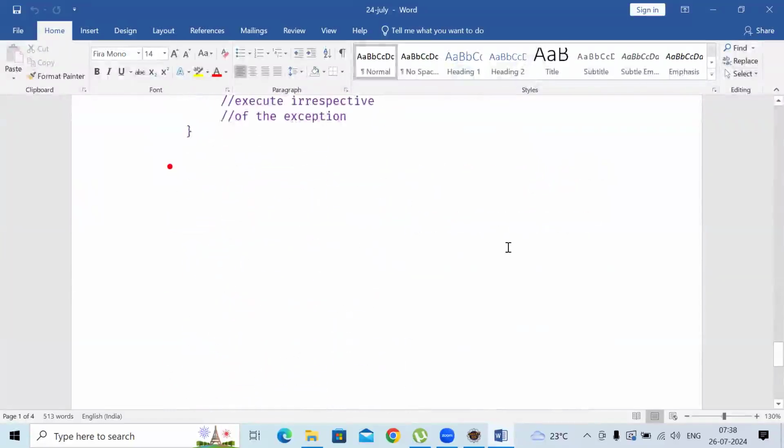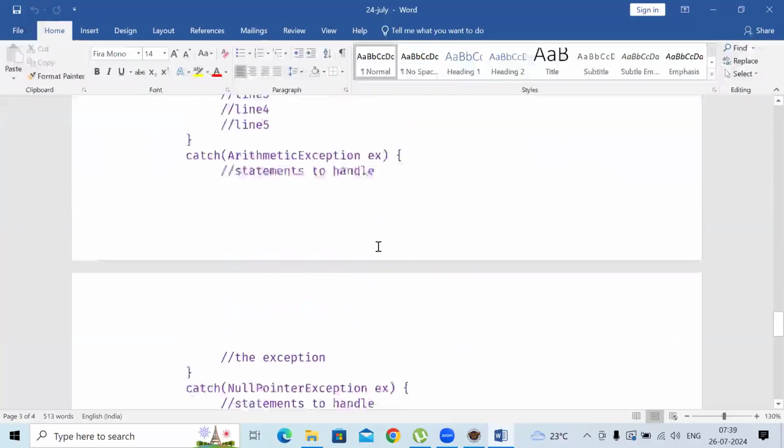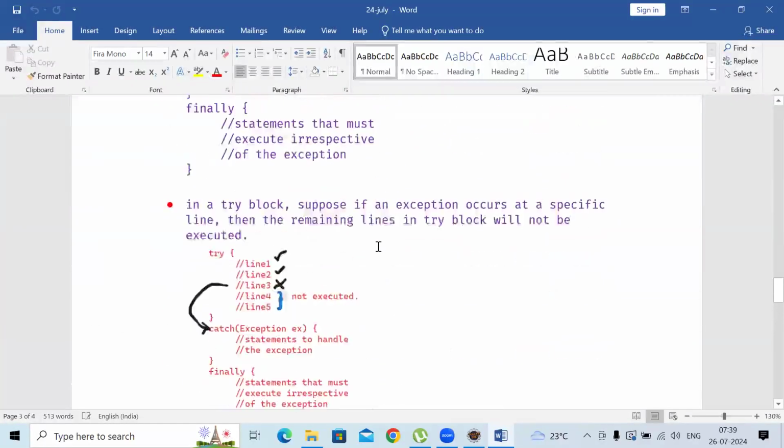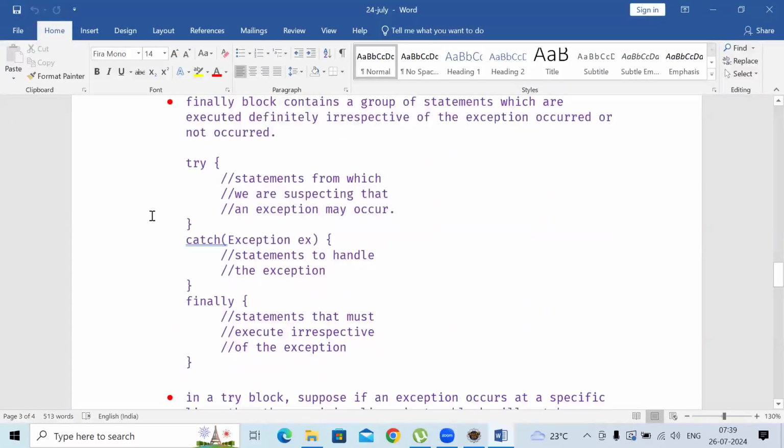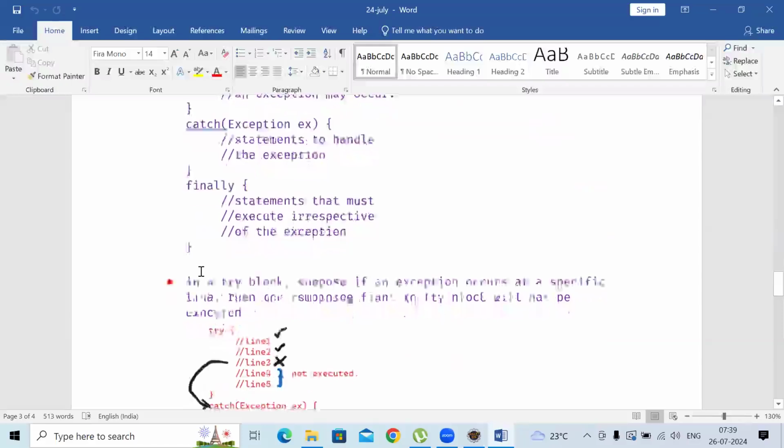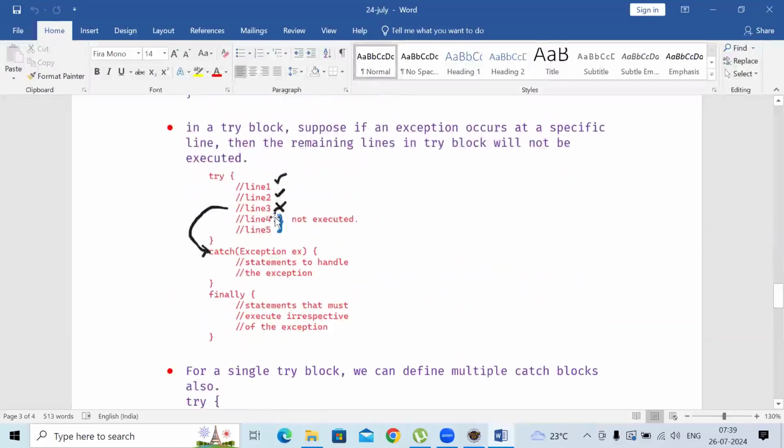Okay. So basically, when we started our discussion yesterday, we learned how to write the try catch finally blocks. Suppose an exception occurs in the try block at some line: the below lines are not executed, and the control will immediately jump to the catch block, right?